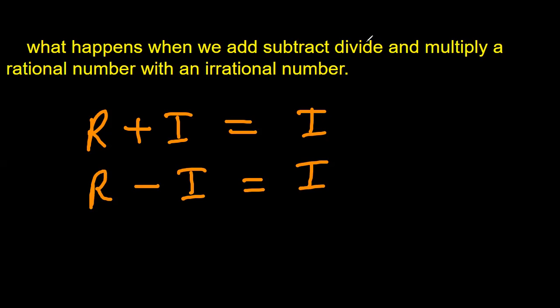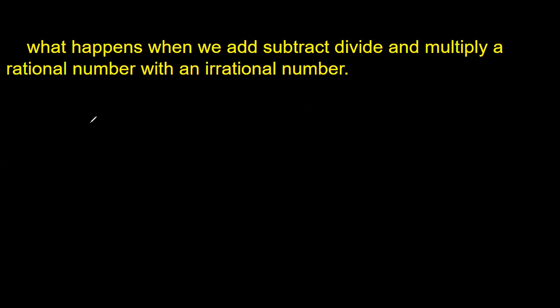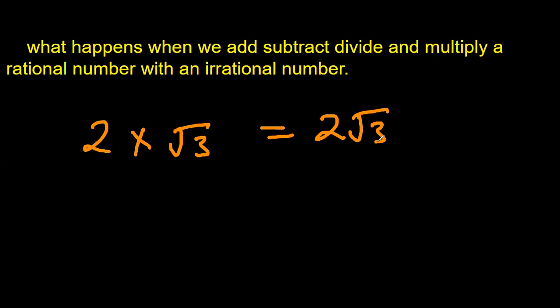Now consider what happens when we multiply a rational number with an irrational number. Let's take the same example and multiply 2 with under root 3. We get 2 root 3. Is it rational or irrational? As you see, root 3 would be 1.732 and so on, it continues, no? So when you multiply this with 2, you do not expect these digits to terminate.